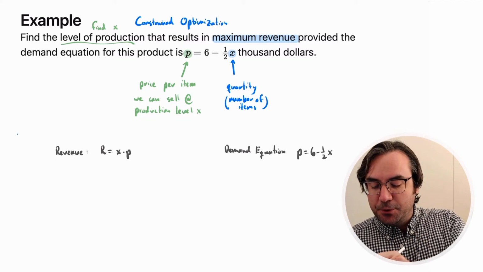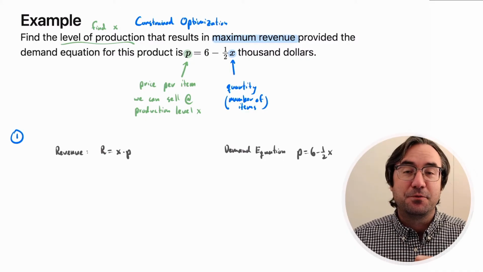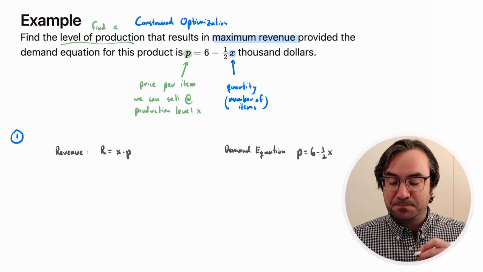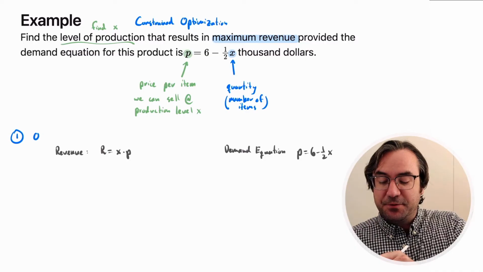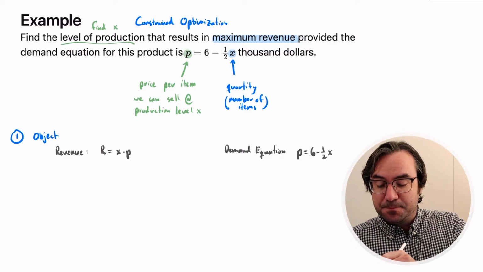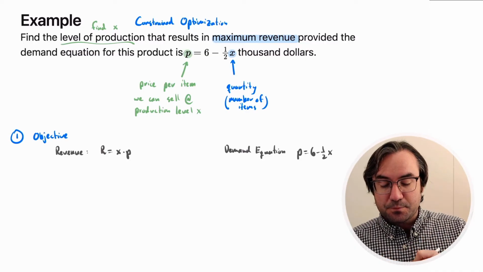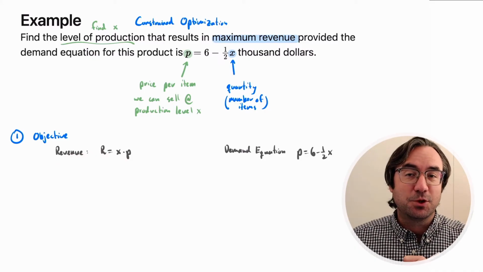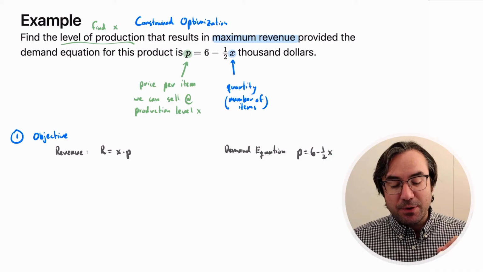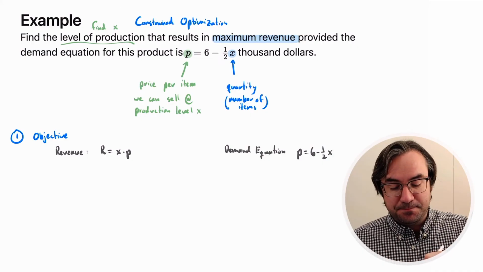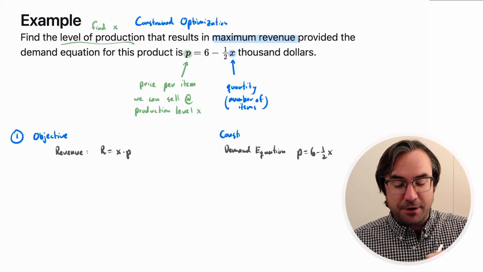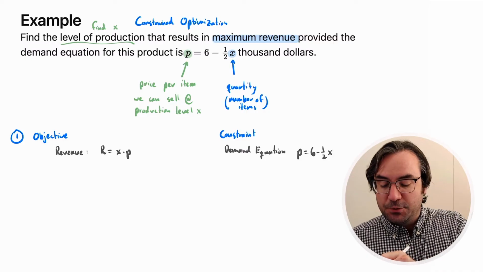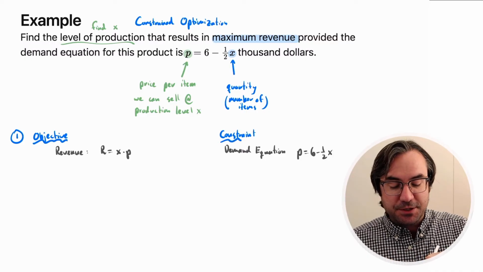So let's go through the steps for these types of problems. The first step is to figure out the objective, which is the thing we want to maximize, so revenue in this case, and we want to figure out the constraint, which we have here. So we want to figure out those two types of equations.